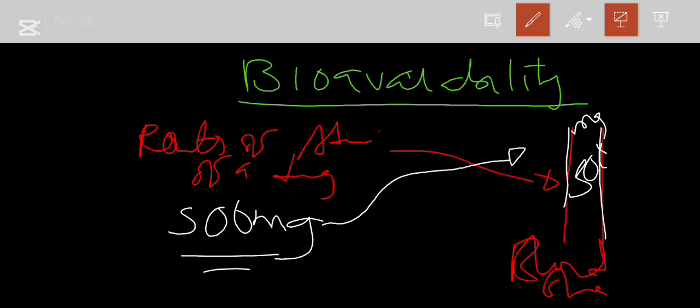What you administered, you are going to put it below, the entire drug content you gave. Then how much has reached the bloodstream, you are going to put it on top. So the tablet had 500 milligrams, and 500 milligrams also reached the bloodstream.